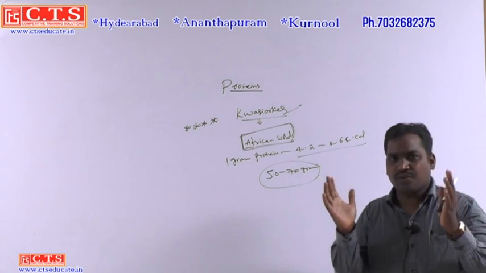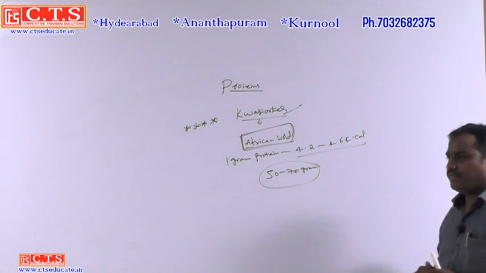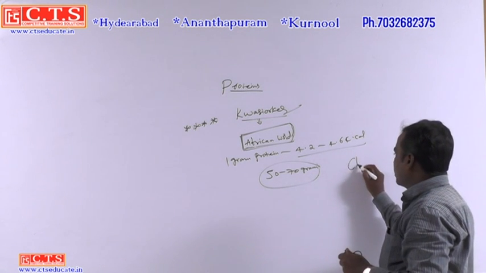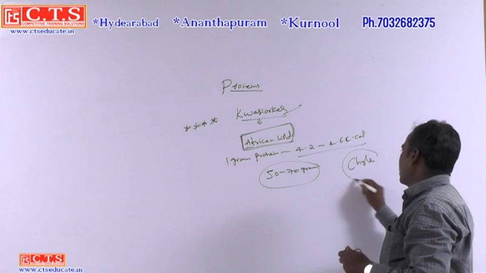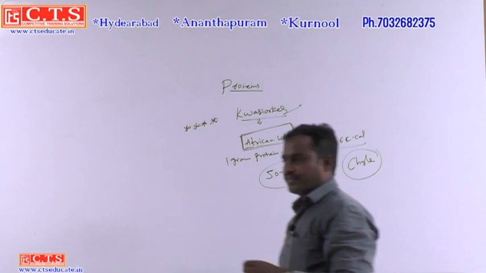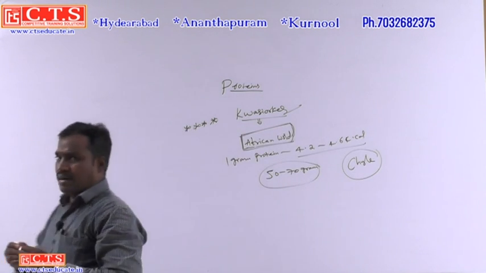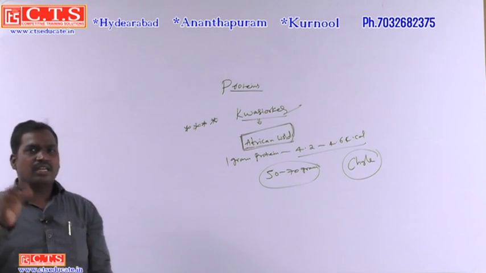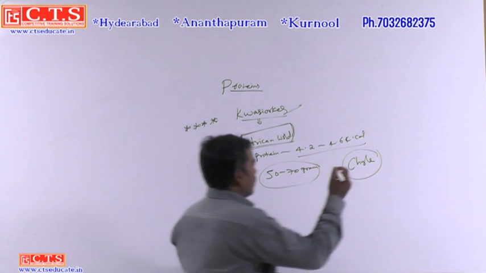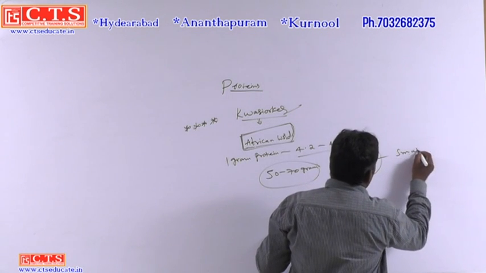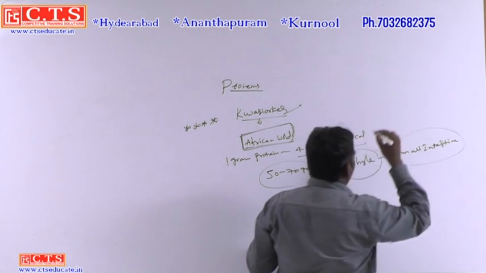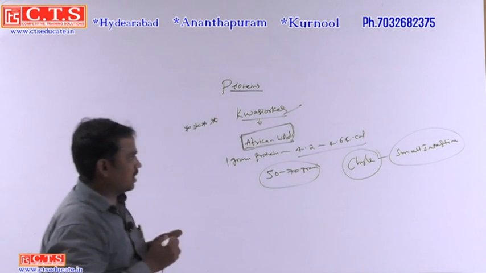Completely digested food is called chyle. It is stored in the small intestine.